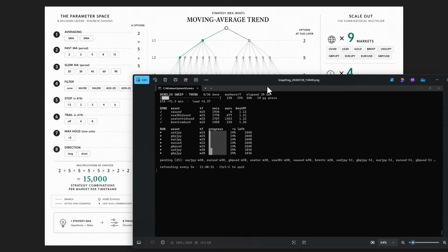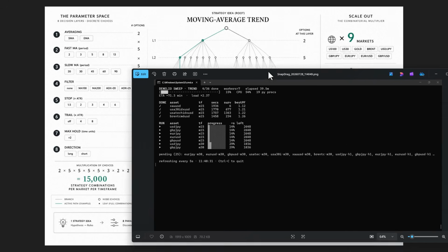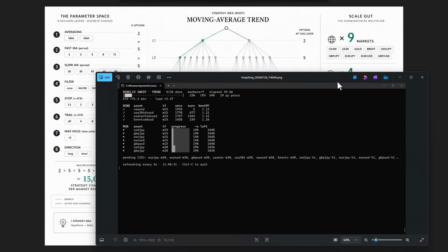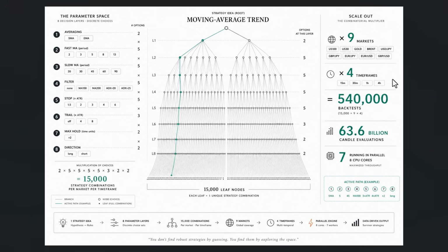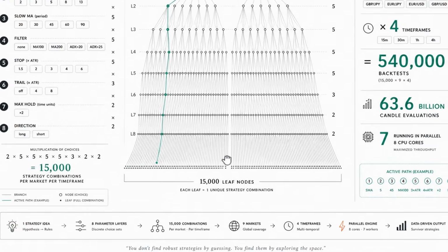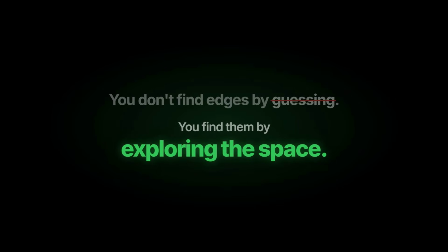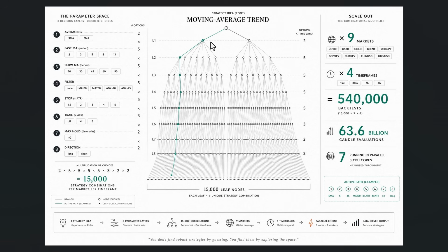So it's going to take you around 2.5 to 3 hours, based on the power of your laptop or computer. As you can see, you don't find robust strategies by guessing, you find them by exploring the space. This is how powerful backtesting with AI is.